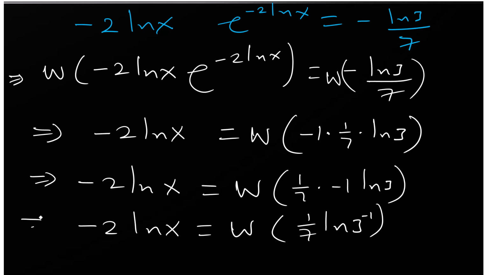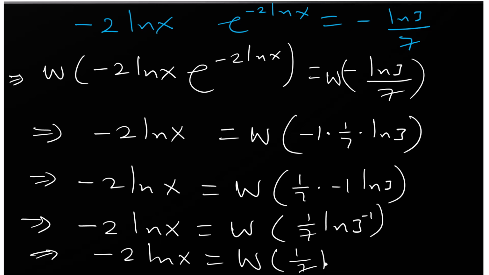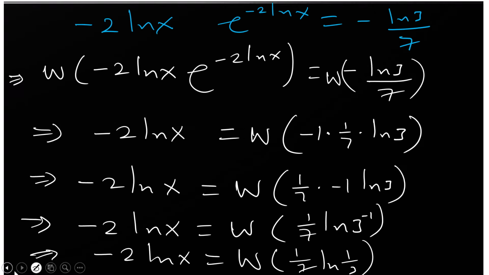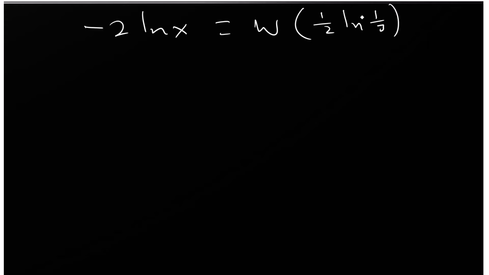So we have minus 2 ln of x equals the W function of 1 over 7 ln of 1 over 3. So it's 1 over 7, not 1 over 2.